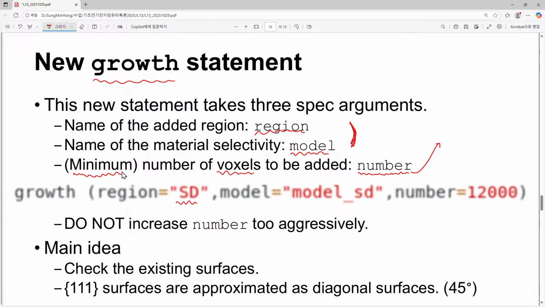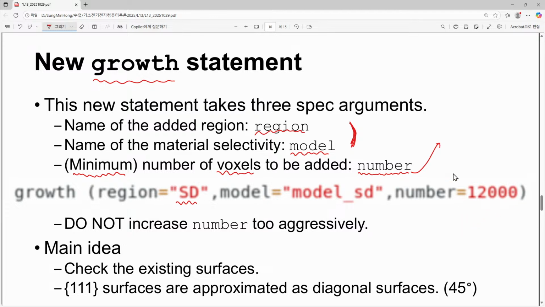So if we say this way, it means that at least we have to add 12,000 boxes into our system. If we have a larger system, then of course this number should be increased. And if we have a smaller system, then of course this number should be lowered.